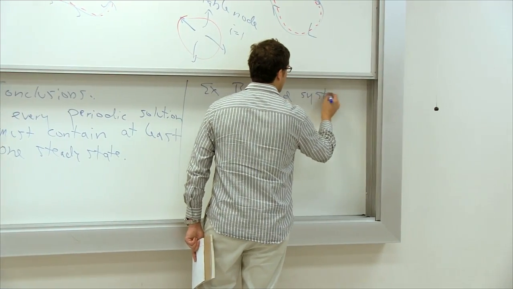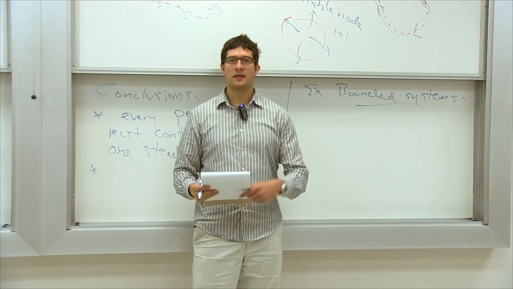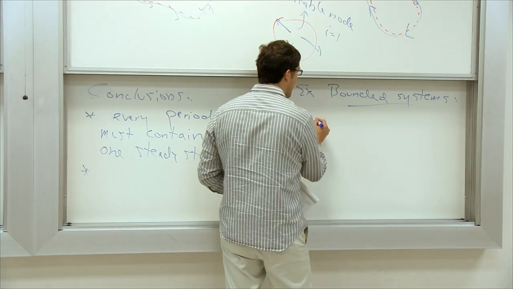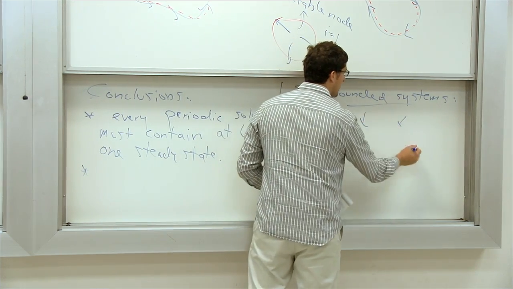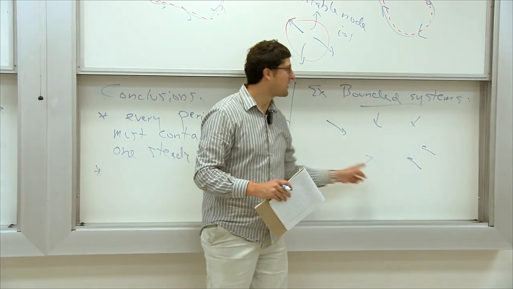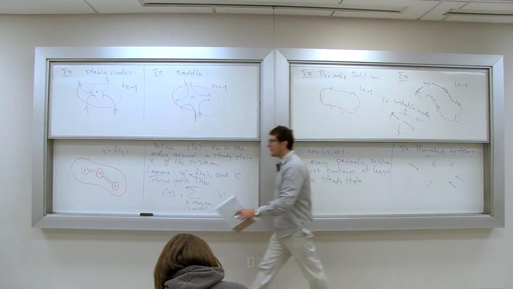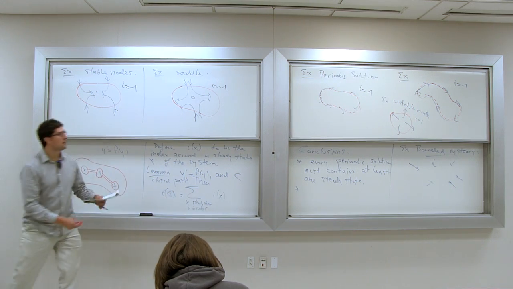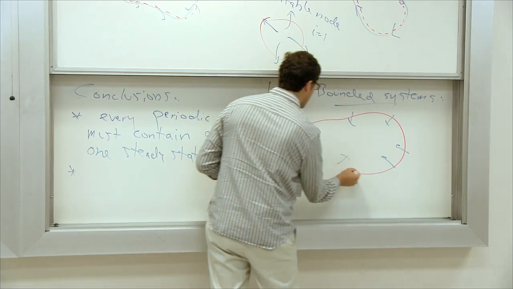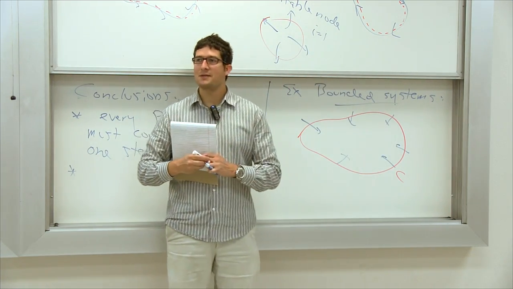Bounded systems. Okay, so suppose that a dynamical system is bounded in the sense that solutions don't blow up to infinity. You can imagine a dynamical system that is bounded as ultimately pointing towards the inside of some region, right? No matter where you start, you kind of have to stay within some region. And therefore, there has to be a large enough path C where all the arrows are pointing inside.